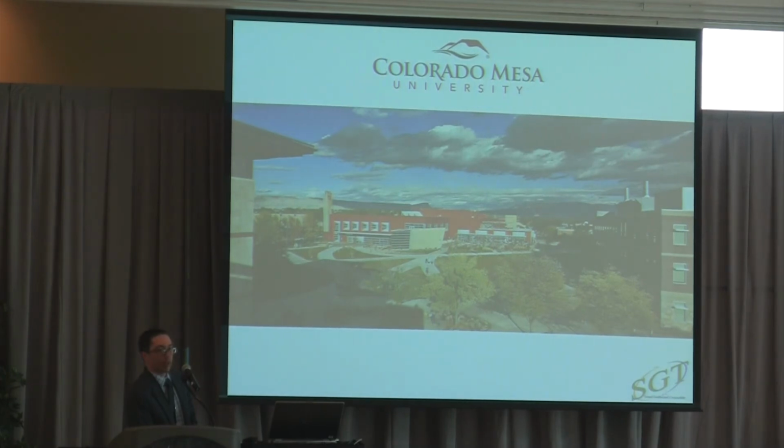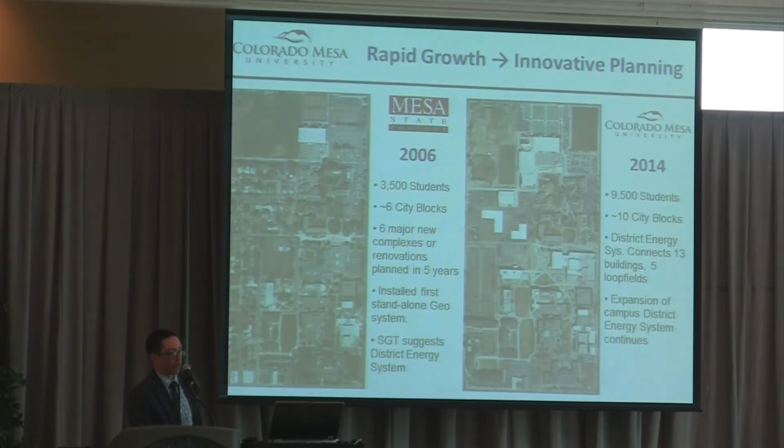Now I'd like to share a couple of examples from real-world projects. Colorado Mesa University is an institution, I think, similar in size and mission to Weber State. It's in Grand Junction, Colorado, and this is an institution that just went through a rapid growth phase. 2006, they had 3,500 students. 2014, 9,500 students.